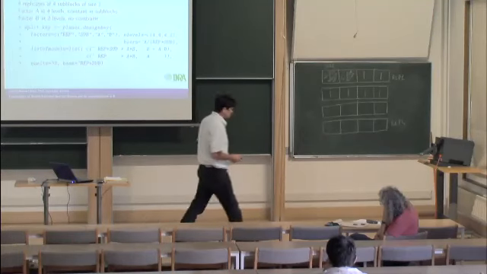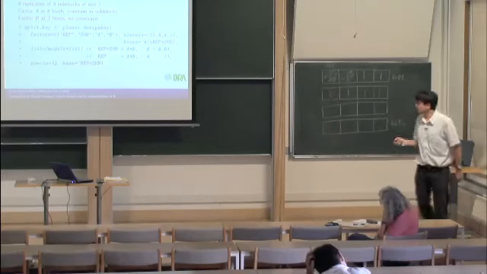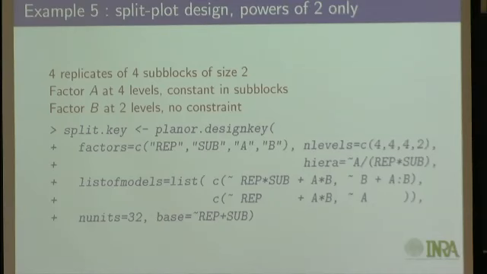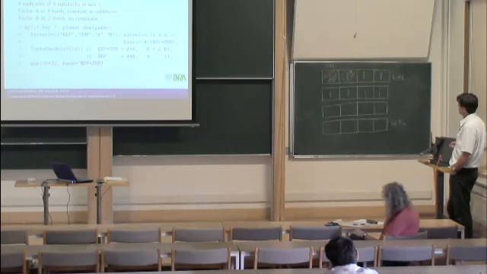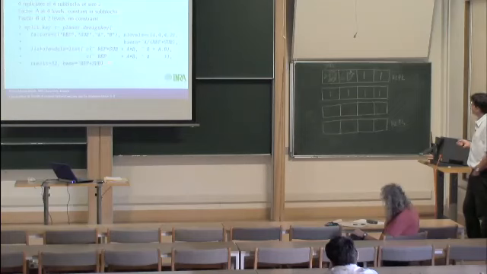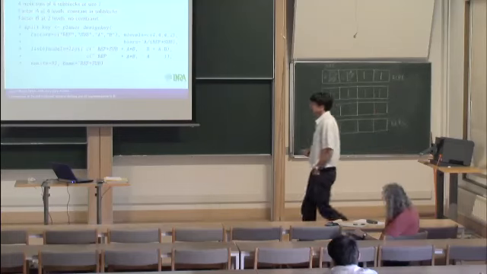So in fact, why is it important, this second part? We know that A is confounded, so it will be constant in these pairs of plots. But still there is the rep factor in the second model estimate pair, so we want A to be orthogonal to the reps. So we want all 4 levels of A to be present in the 4 subblocks that are present in each replicate.